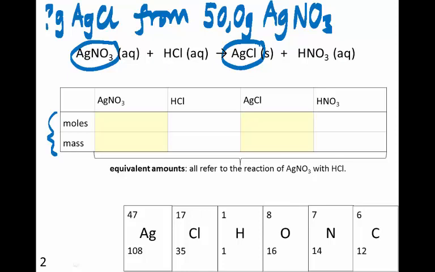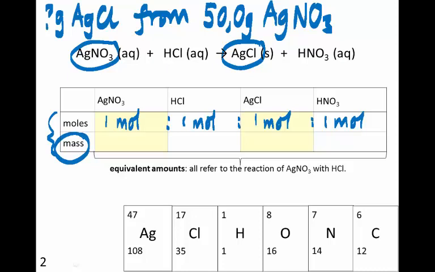So first of all we have a balanced equation. Here it is, very simple. 1 is to 1 is to 1 is to 1, and that gives us the mole reacting ratio of these particular substances. We are only interested though in silver nitrate and silver chloride, and we need to convert that into a mass reacting ratio. So we need the molar mass of silver nitrate and the molar mass of silver chloride.